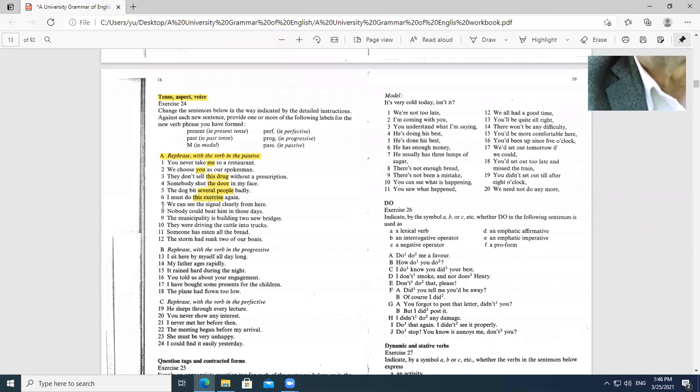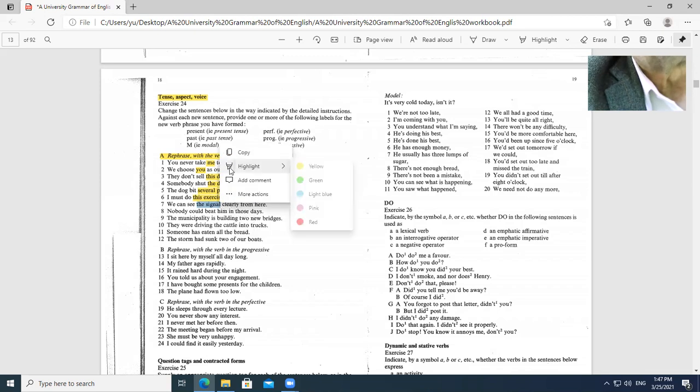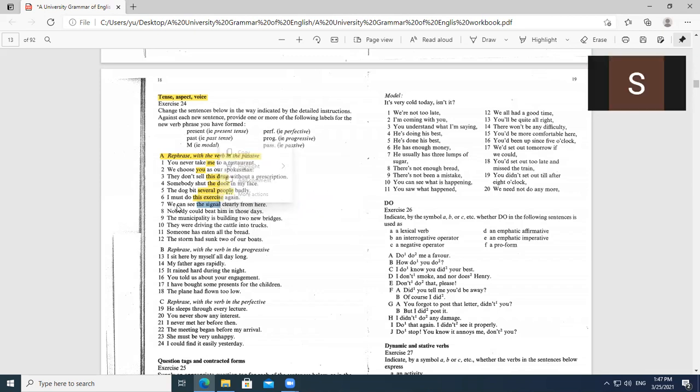The next one. We can see the signal clearly from here. Your object? The signal. The signal, yes. Your verb? Can see. موديل عنوان. Can see.